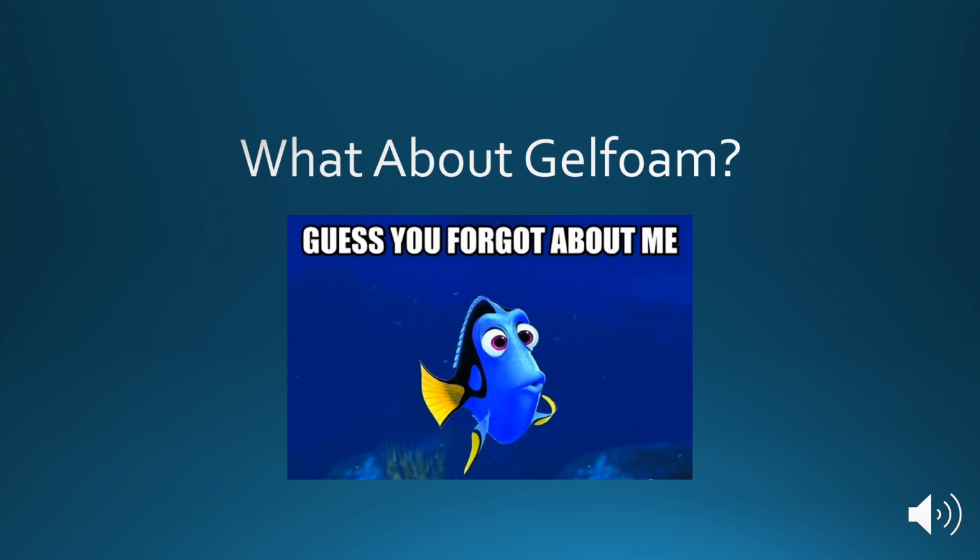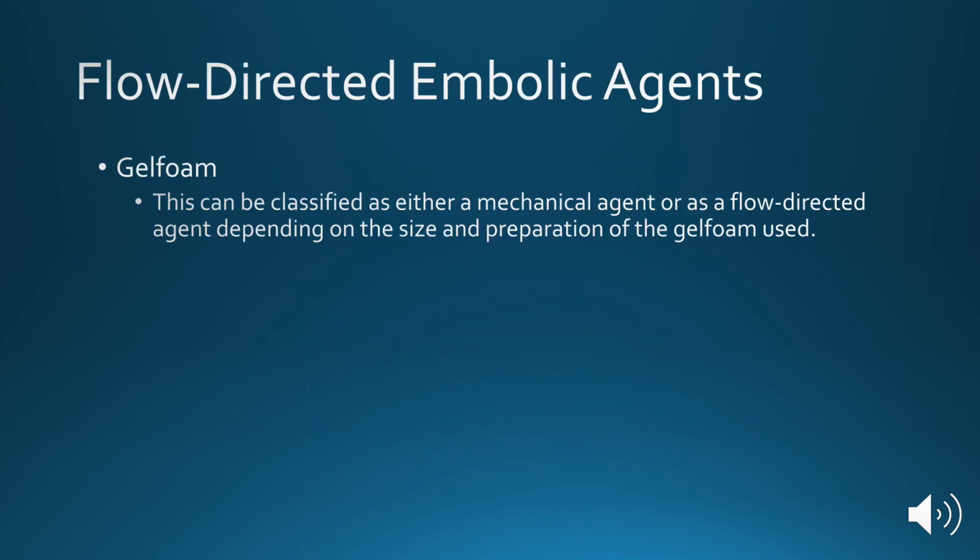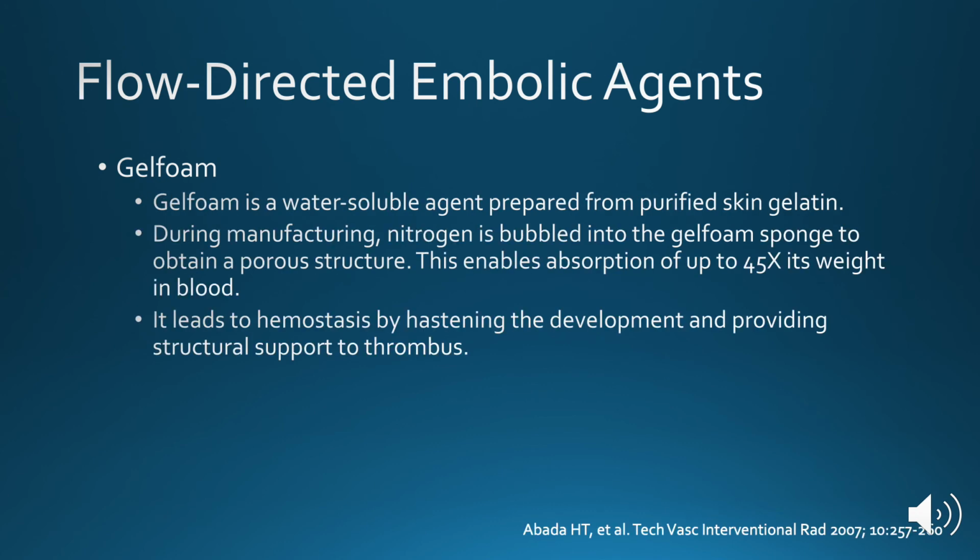I would also like to spend a few minutes talking about Gelfoam. And in that neat classification system I've been presenting in these lectures, Gelfoam is kind of an anomaly because it can be classified as either a mechanical agent or as a flow-directed agent, depending on the size and preparation of the Gelfoam used.